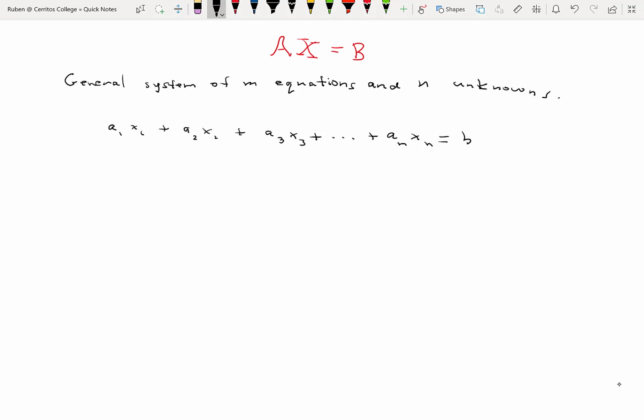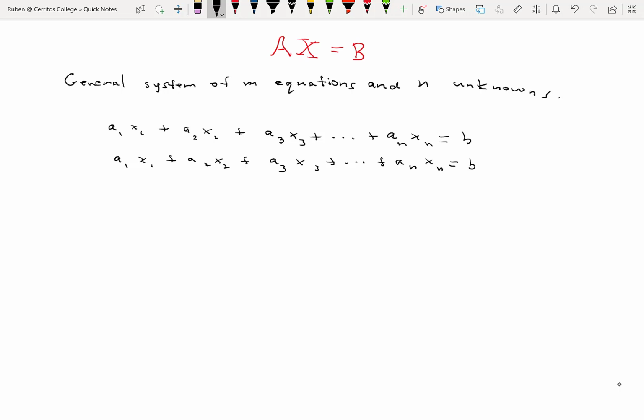We can't write the second equation as a1 x1 plus a2 x2 plus a3 x3. We can't do this. Why not? It looks exactly like the first equation, and that's not good. It's just the same equation.